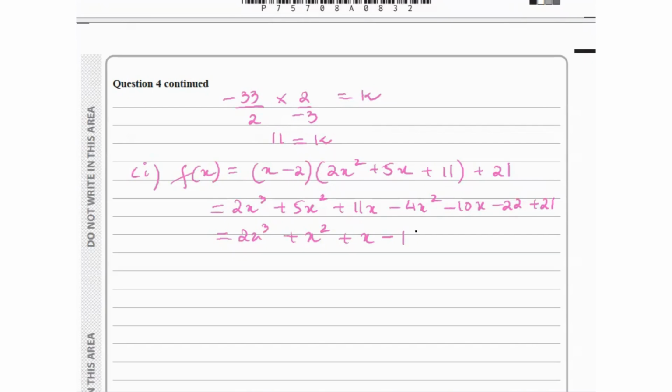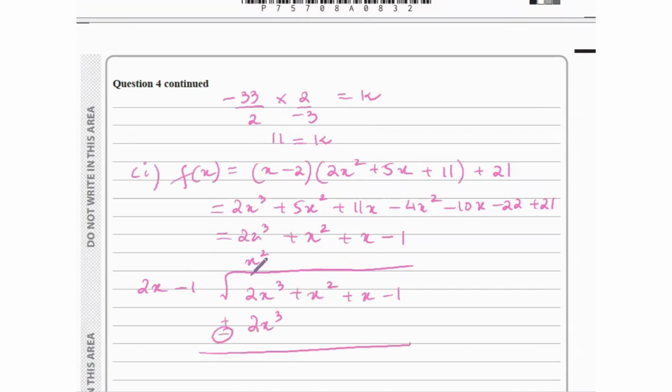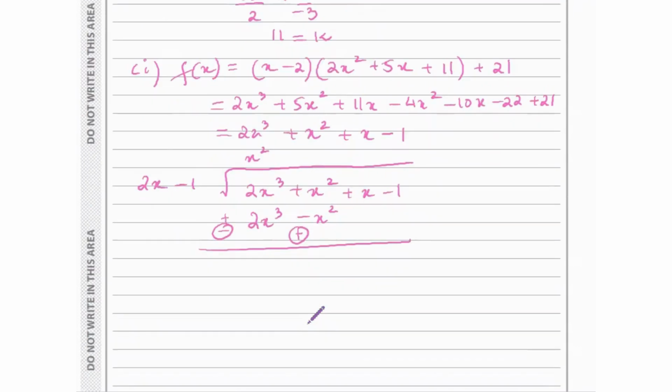Now we have to factorize this. We already know that 2x minus 1 is a factor which is mentioned in the question. So we're going to use division to factorize this polynomial. So 2x times x squared is 2x cubed. x squared times negative 1 is negative x squared. Change the sign again. So that's going to be 2x squared plus x minus 1 comes down as it is. Then 2x times x is going to be 2x squared.